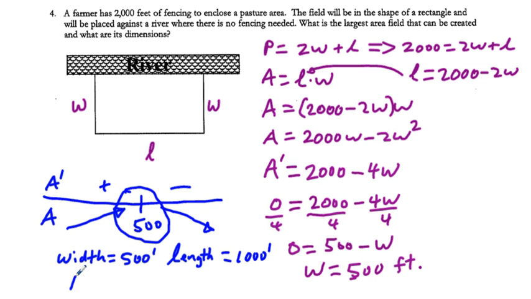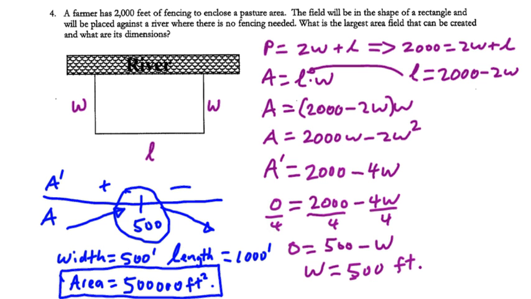And area is going to be equal to 500 times 1,000. So that's going to be 500,000 square feet, which I think is going to be well over 10 acres, maybe 11 acres. Pretty sizable little pasture area.